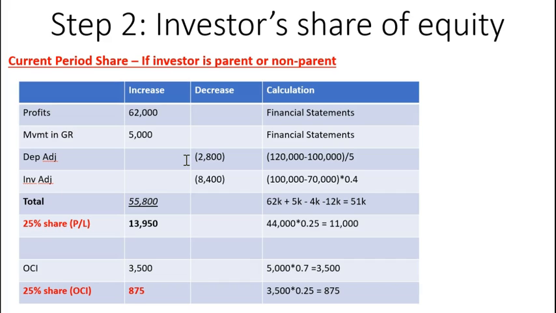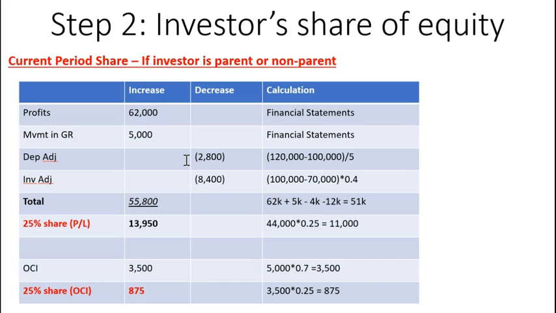So because the useful remaining life was 5 years at the date of acquisition, we needed to depreciate an extra $20,000 over those 5 years. So it'd be an extra $4,000 per year. So because we're only making the adjustment for one period, the current period, we only need to have a $4,000 depreciation adjustment in the current period, but we know we want the after-tax amount.